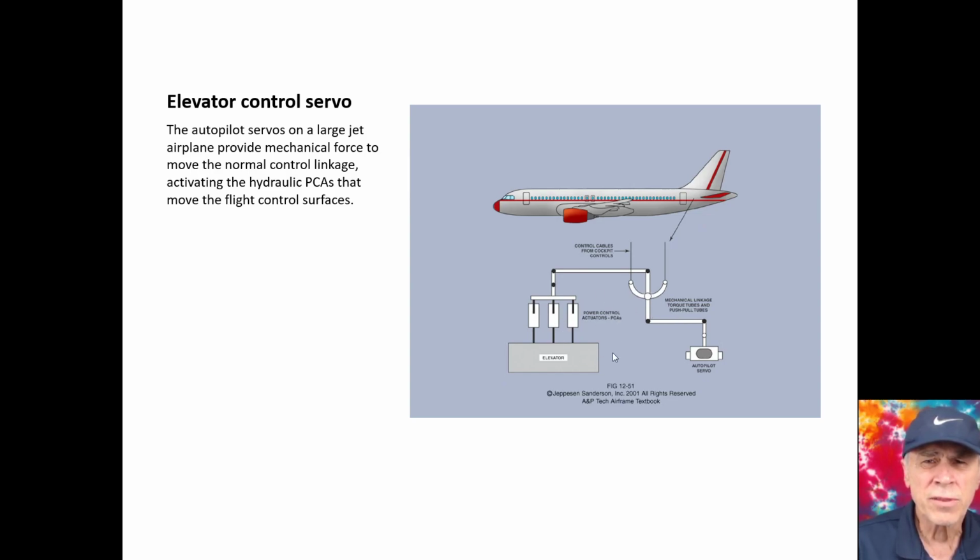And it looks like there's 3 actuators or hydraulic servos that are operating the elevator. I don't think anything else is basically showing us. Here's that PCA again. Power control actuators.